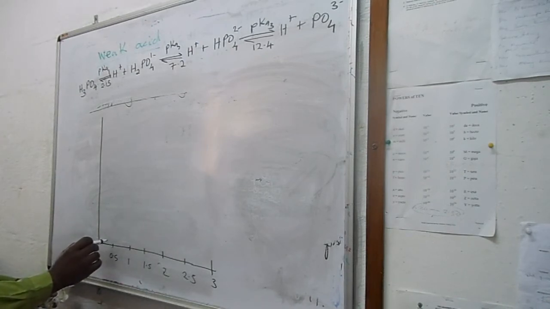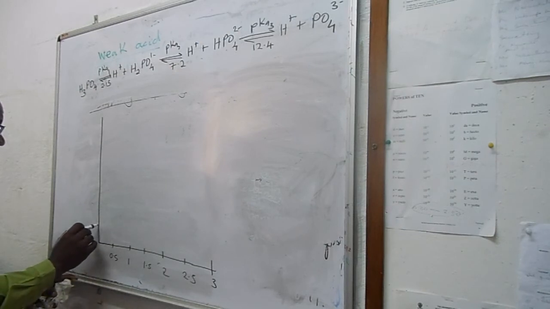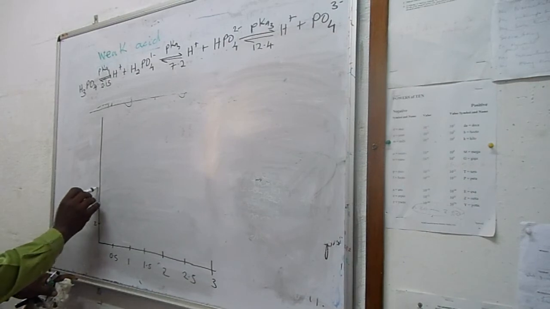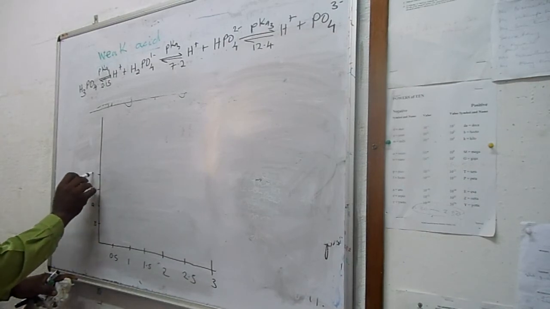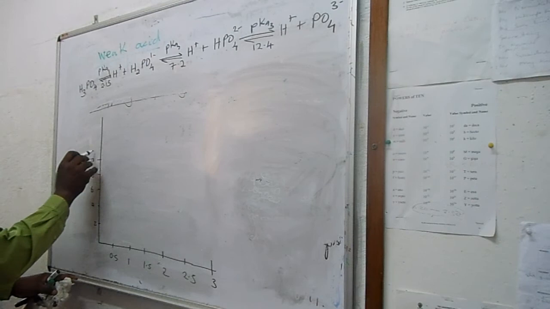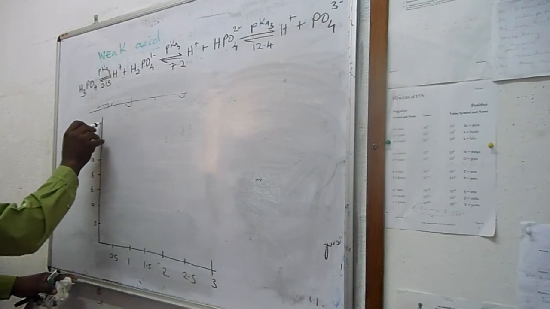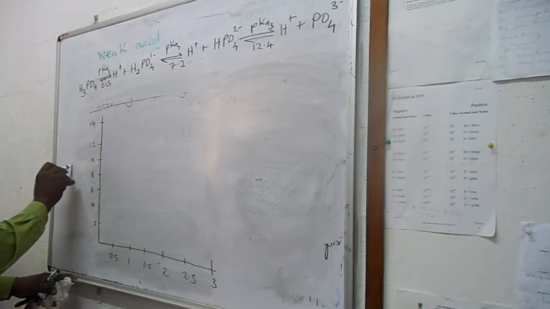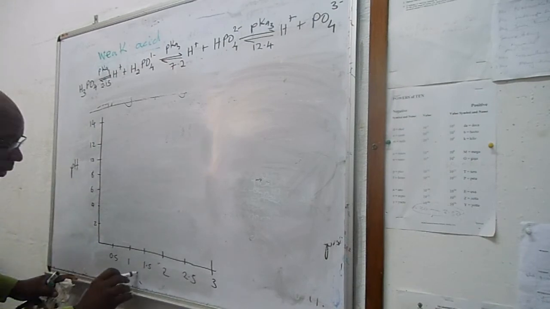Let me have my 2 here, my 4 there, my 6 there, my 8 there, my 10 there, my 12 there, my 14. This is pH. This is equivalent volume.